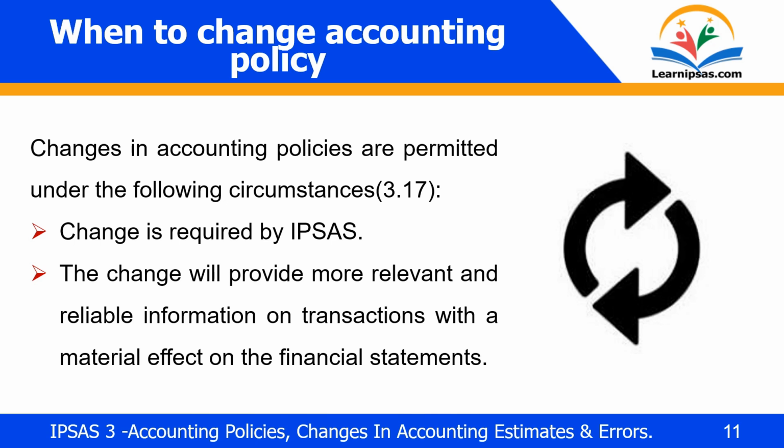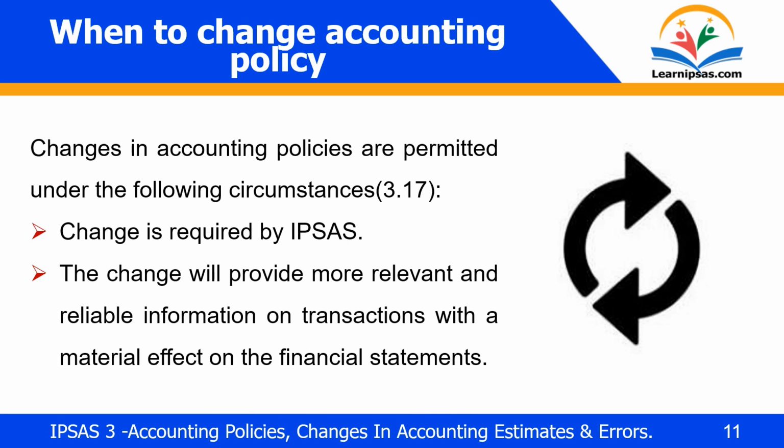If you are hiding those receivables, those assets, those liabilities, and you change your accounting policy to accrual, then you are providing more relevant and more reliable information in transactions.